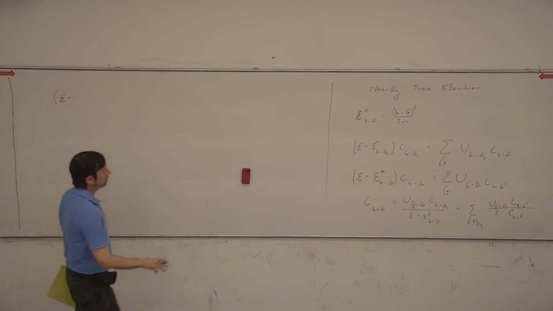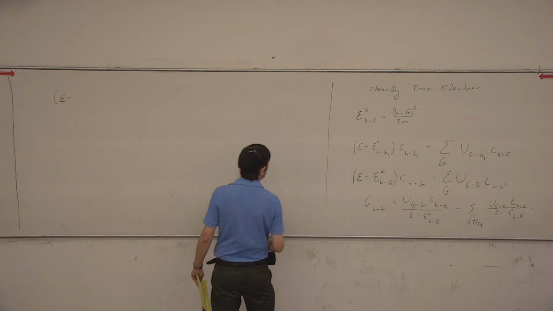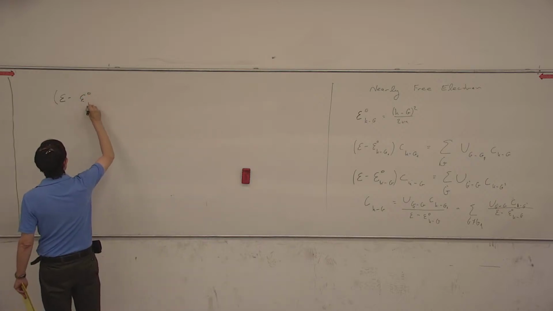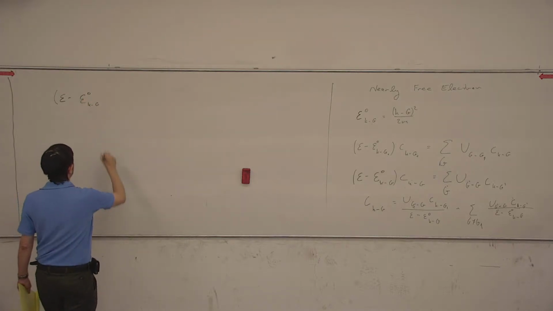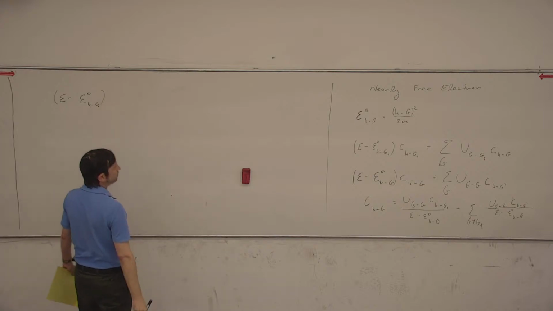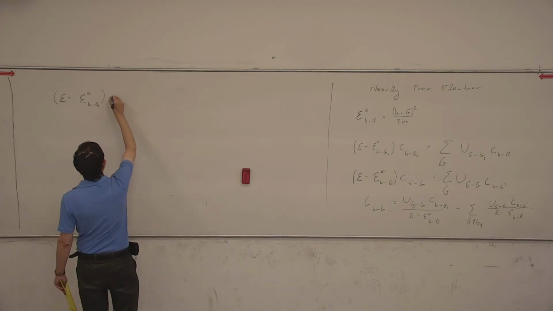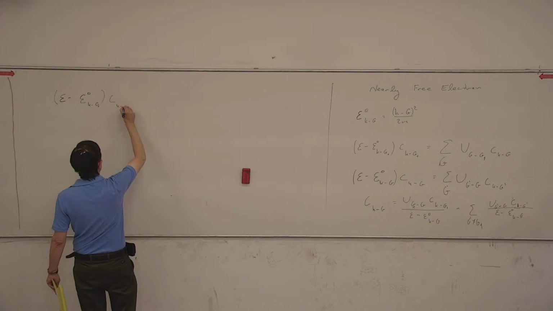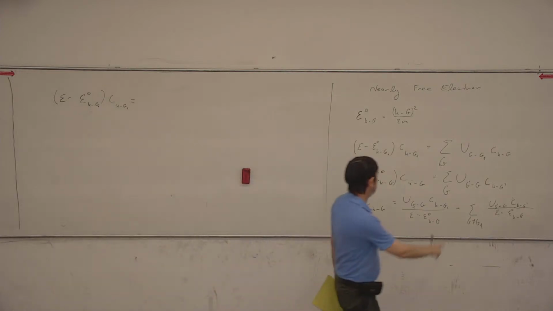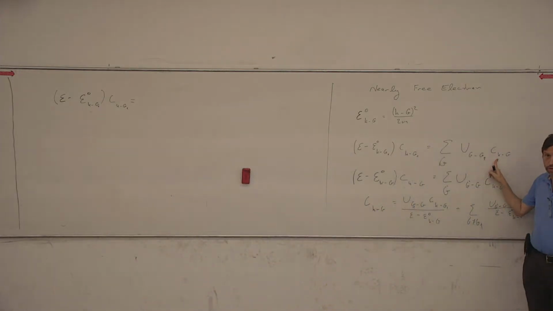So I'm just copying the left hand side here, G1. And now I'll just insert this value here.